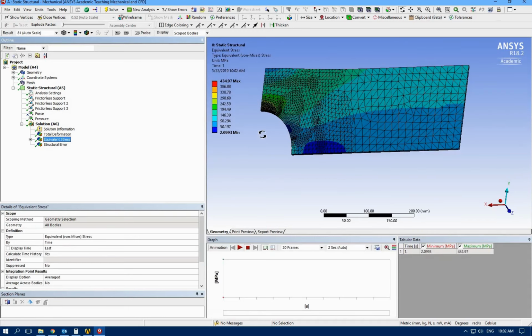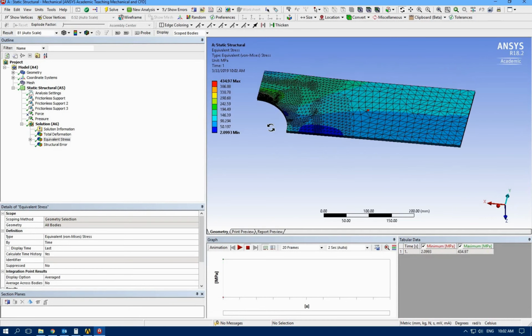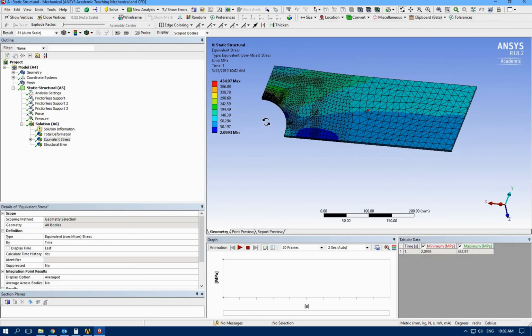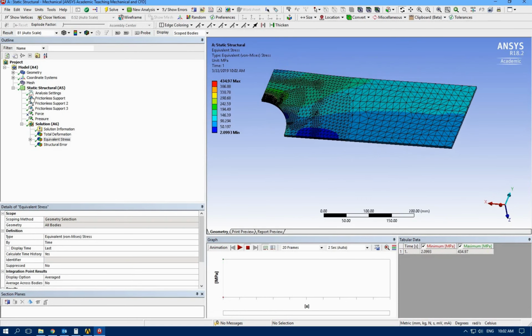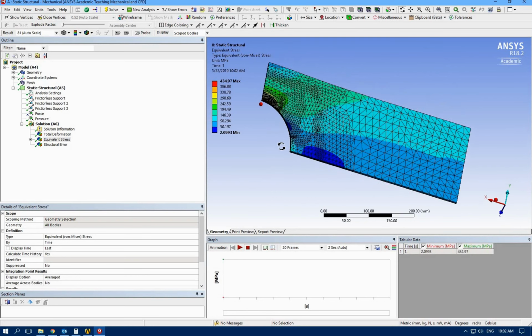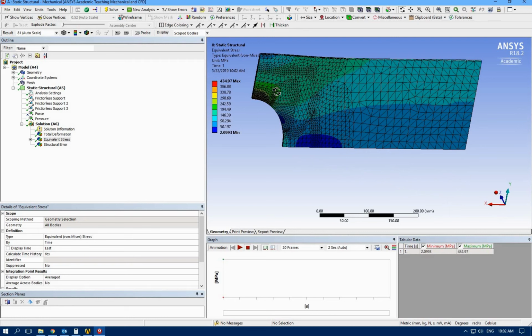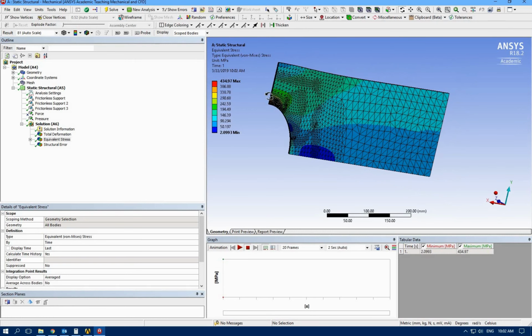Let's see where the maximum stress is. So it is here. Oh, it's pretty good. So we have very good stress there, and let me make a note.